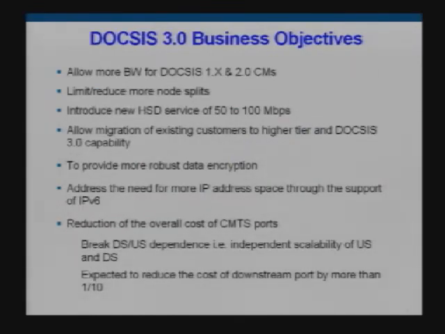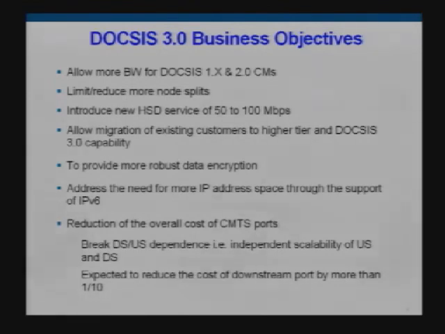These are some of the business objectives behind going for DOCSIS 3.0. As far as the bandwidth requirements are concerned, as we know, the end subscriber bandwidth requirements are increasing on a day-by-day basis, right? Depending upon all the new applications coming up and the video streaming and whatnot.